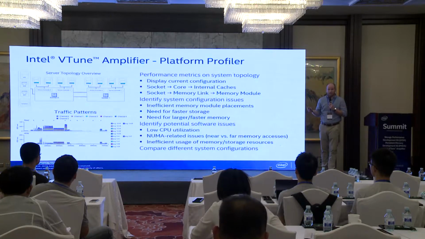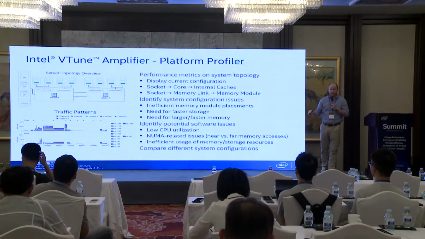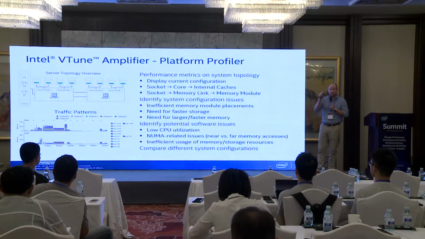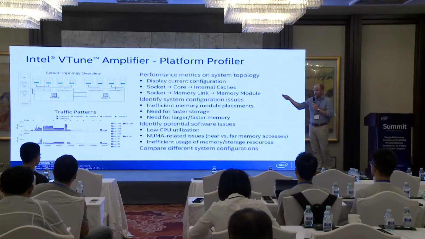A lot of times performance issues could just be related to the configuration of the system. And all it takes is moving one disk from socket 0 to socket 1, and you can relieve a performance bottleneck, right? So understanding the configuration is very important.